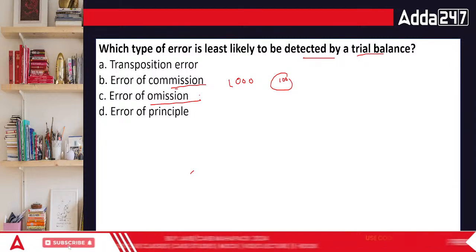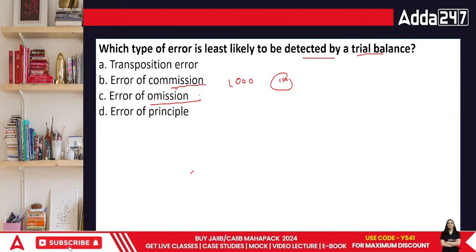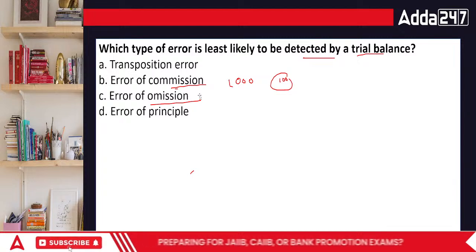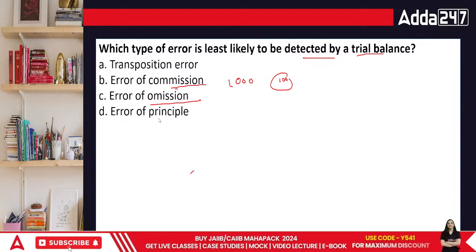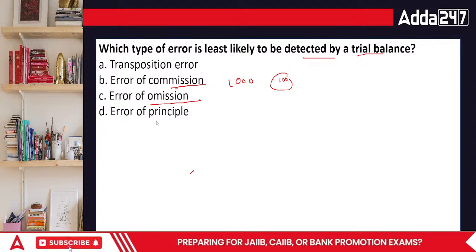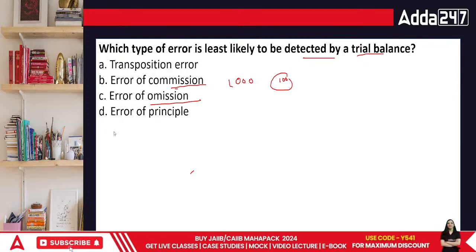Error of principle, the error which is related to the area of exclusively the law. It has nothing else, huh? It is basically something which is just exclusively the laws. That means everyone, as you already know, expenses and assets both are on the debit side. So in case we make a mix up, that means an expense is written as an asset and an asset is written as an expense.